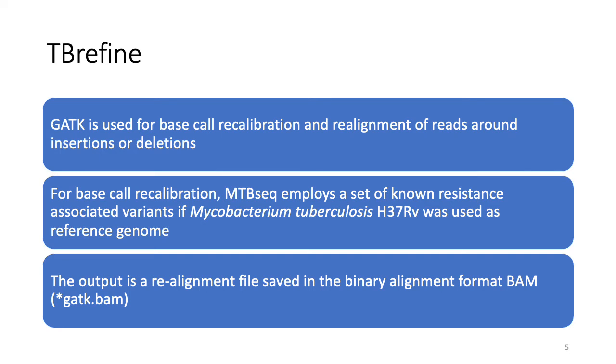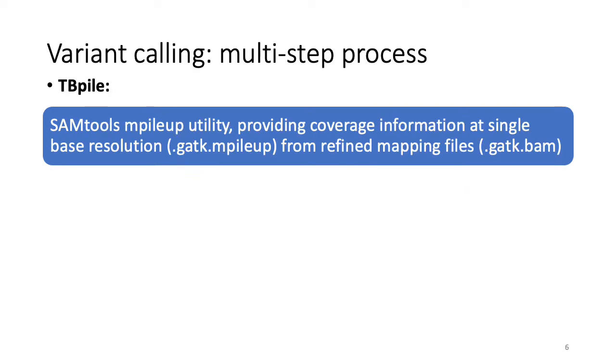Moreover, for the base call recalibration, MTBseq employs a set of known resistance-associated variants of Mycobacterium tuberculosis that is used as the reference genome. The variant calling in MTBseq is a multi-step process that starts with the SAMtools mpileup utility providing coverage information at single base resolution and producing the mpileup files from the refined mapping files of the previous step.